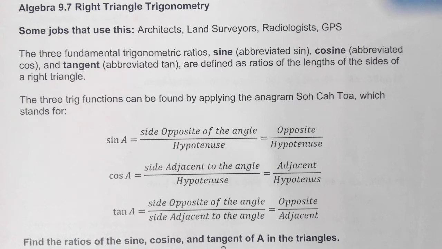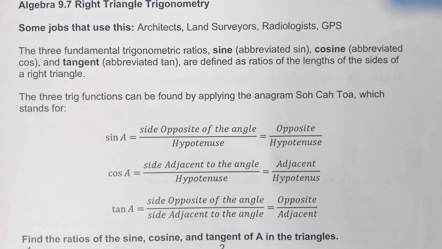They are a ratio of the lengths of the sides of a right triangle. As long as a ratio is similar, it works for all right triangles. So all right triangles can use these three trig functions.